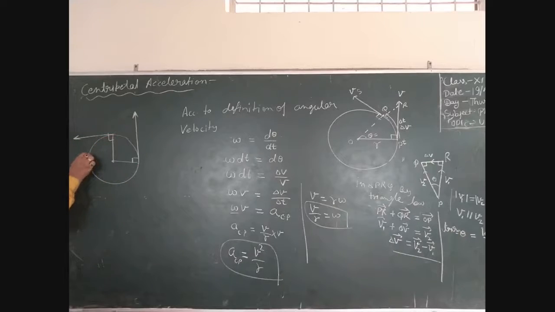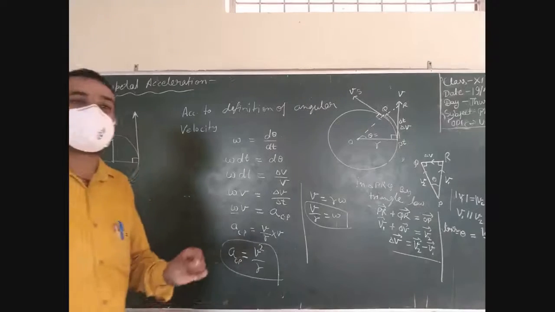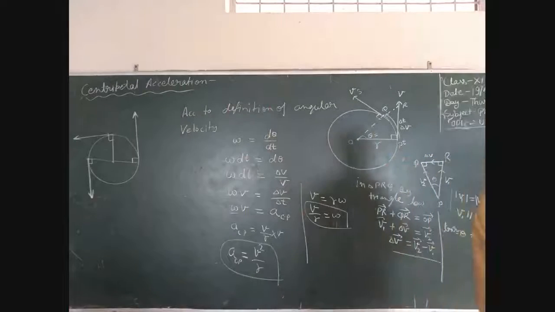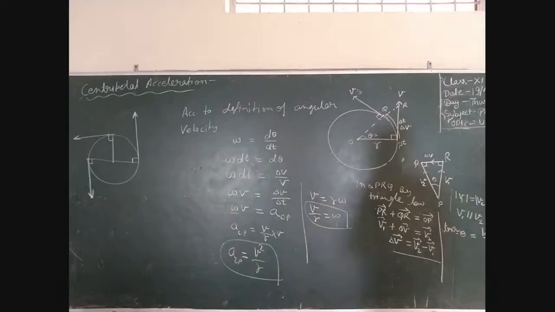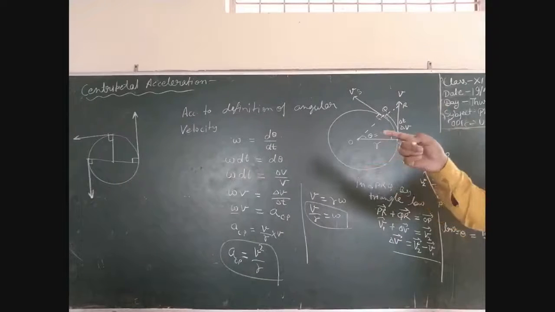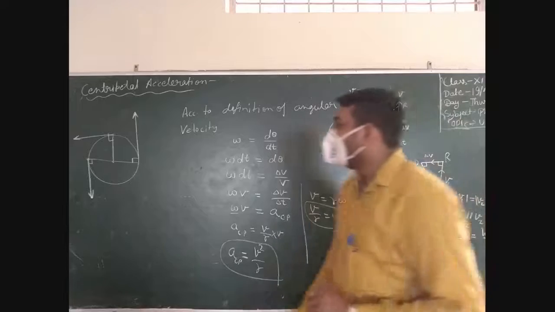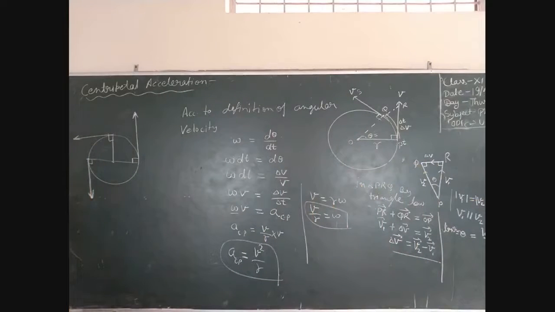That means the acceleration acting when the body is moving in the circular path is always directed inward, towards the center, and always at 90 degrees to the tangent drawn on the circle. Which means the acceleration acting on a body moving in a circular path is normal to the tangent drawn at the point where we discuss the motion.